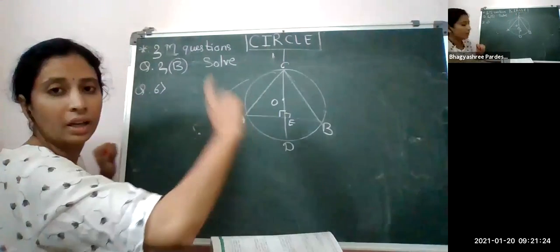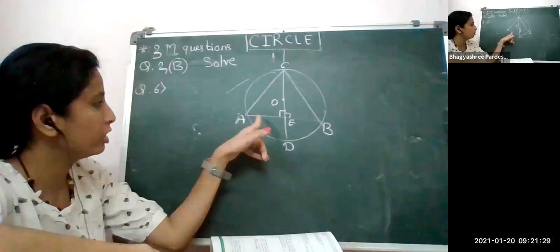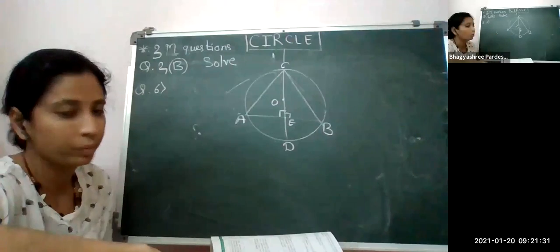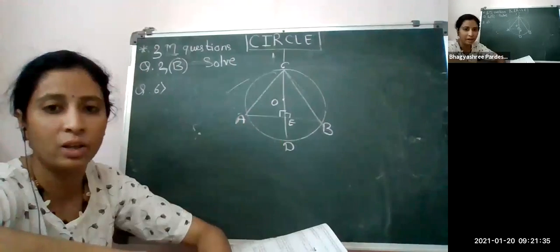This triangle is given to us. In this triangle, CD is a perpendicular falling on this chord AB, meeting at point E. Then we have to show that triangle ABC is an isosceles triangle.